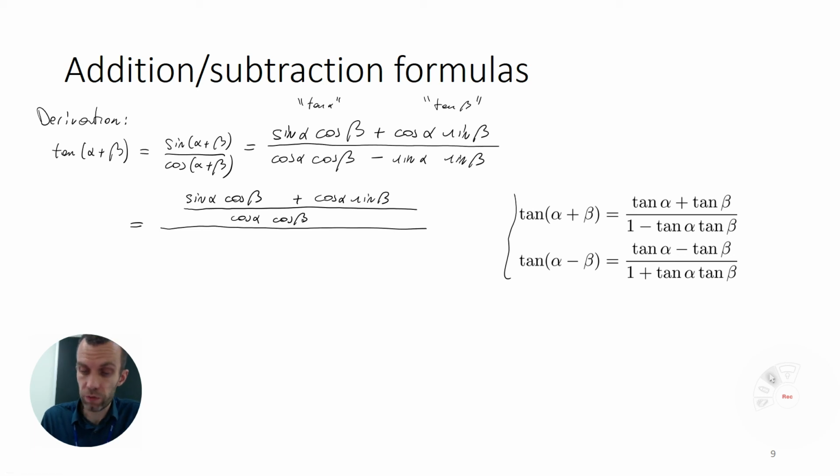So now I've divided the numerator by cosine alpha, cosine beta. Now I have to do the same thing to the denominator, otherwise the result is not correct. So let me copy the denominator, sine alpha, sine beta, and now I have to divide this also by cosine alpha, cosine beta. So it's looking very messy.